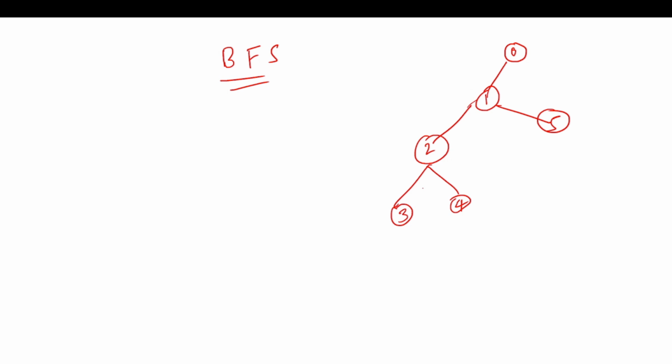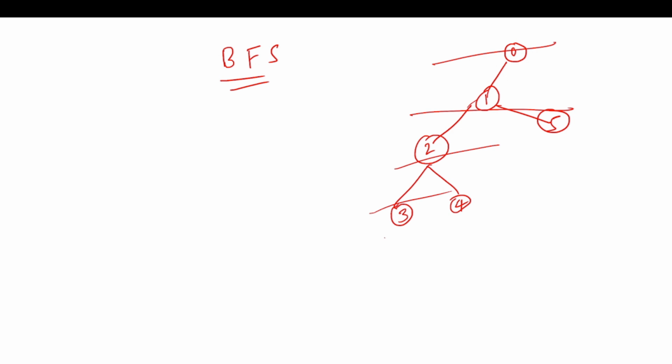These 6 nodes are there. Then how will we traverse that? We'll see later how we are going to traverse. First we will go like this, then this, then this, like level order.